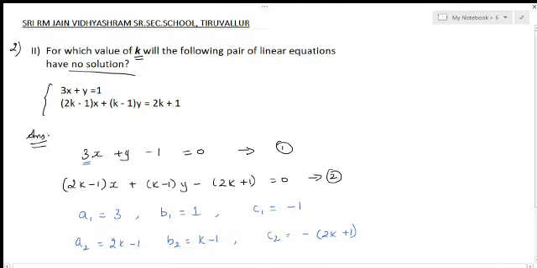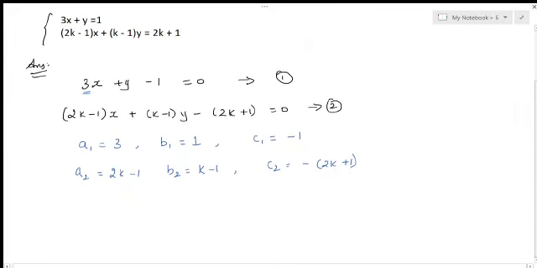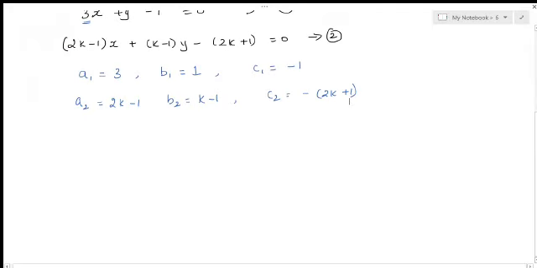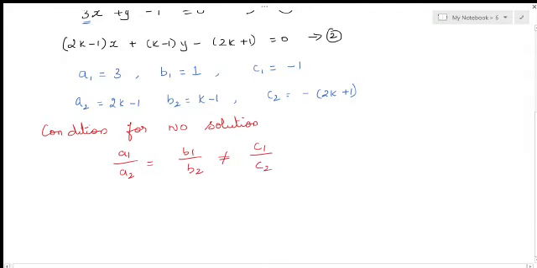Since they have given no solution, let us write the condition for no solution. What is the condition for no solution, children? A1 by A2 equal to B1 by B2, which is not equal to C1 by C2.